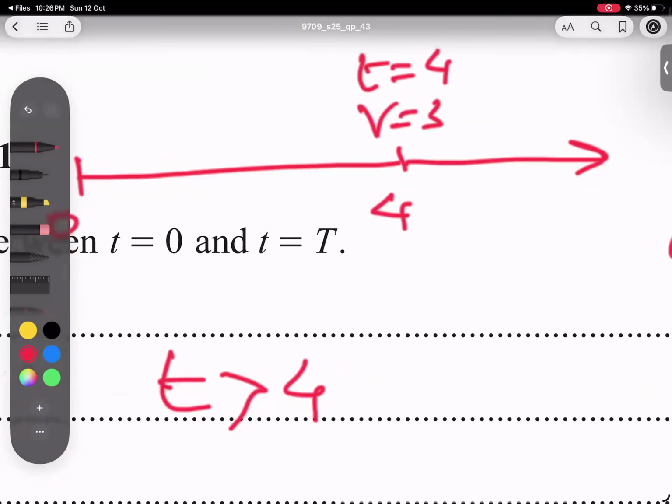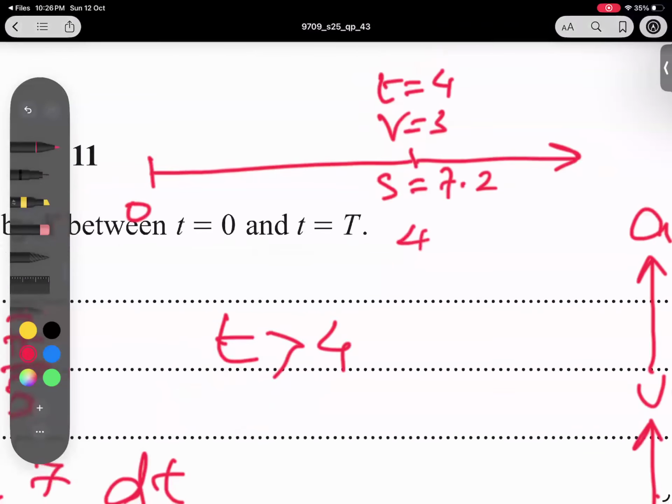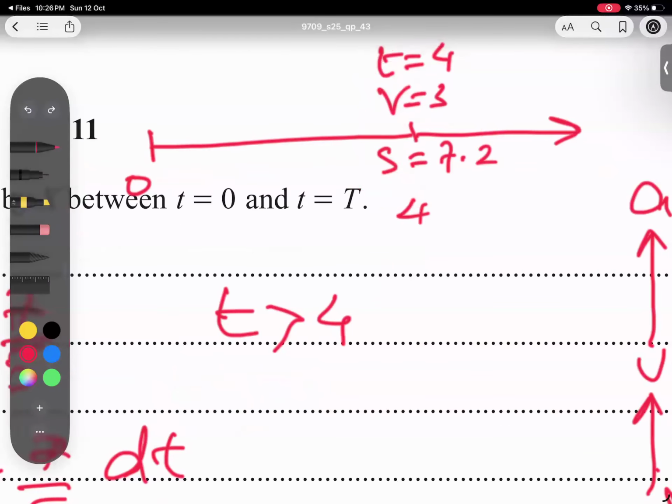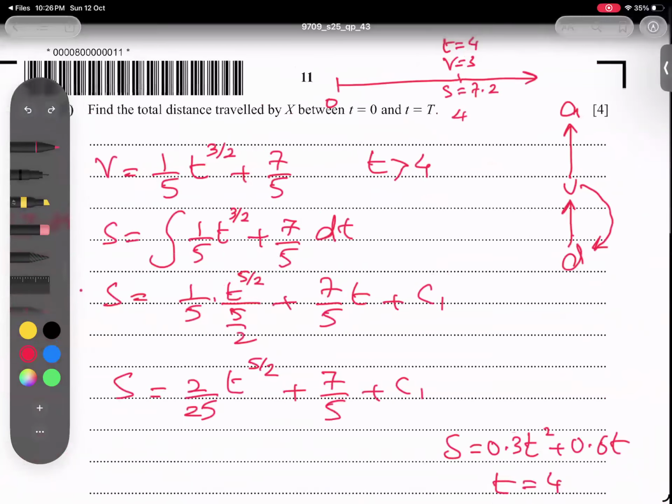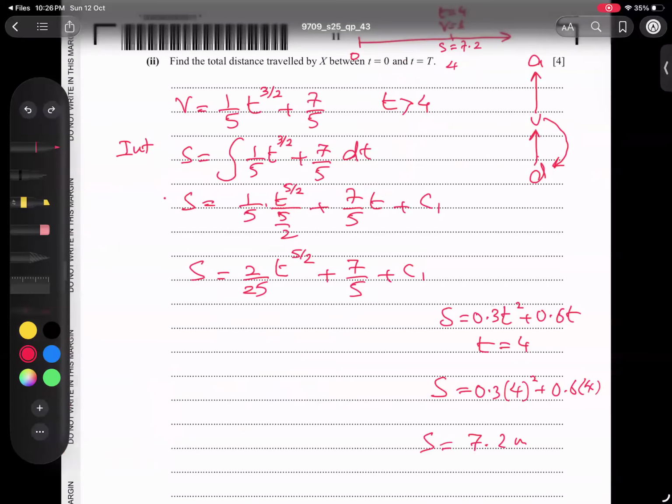So we have 3 parameters here: when time is 4 and S is equal to 7.2. So this parameter is helping for the next level of equation. Now because I need to find C1, the previous parameters will help us get this C1. How to plug in? Put t equal to 4 and S equal to 7.2.